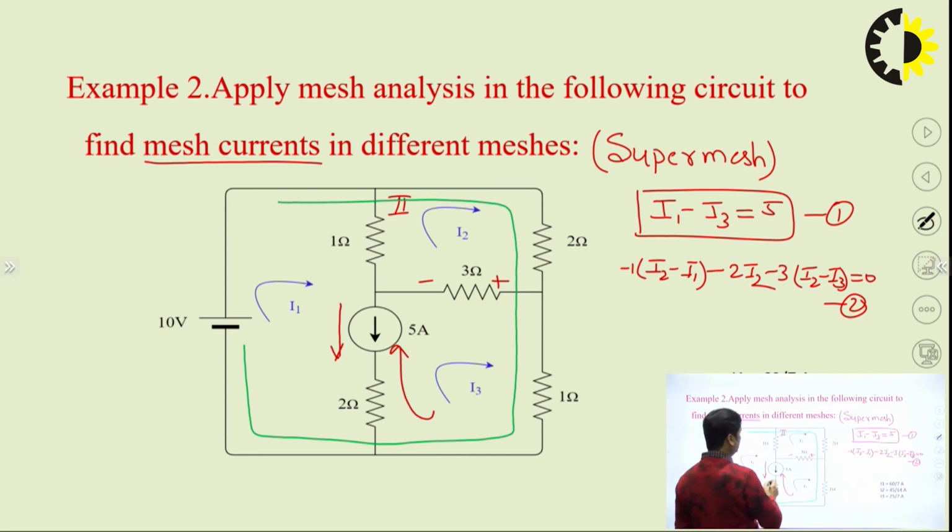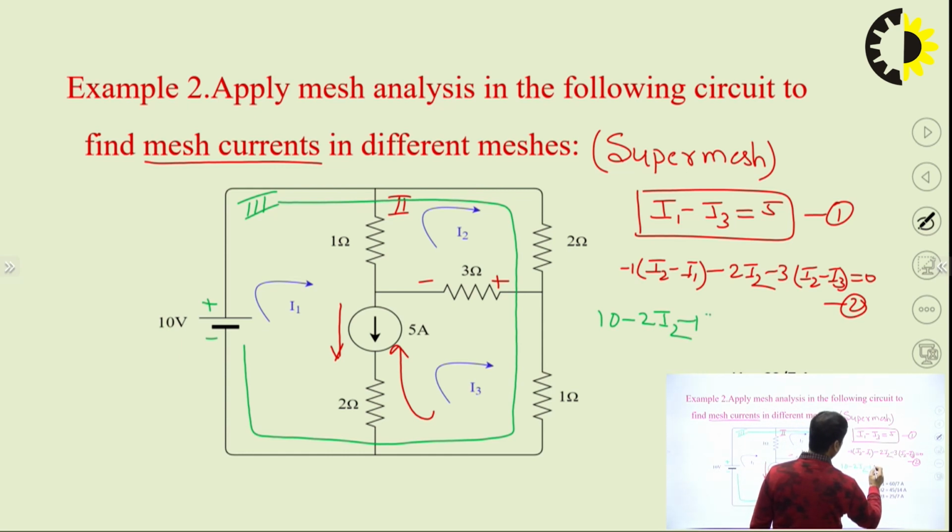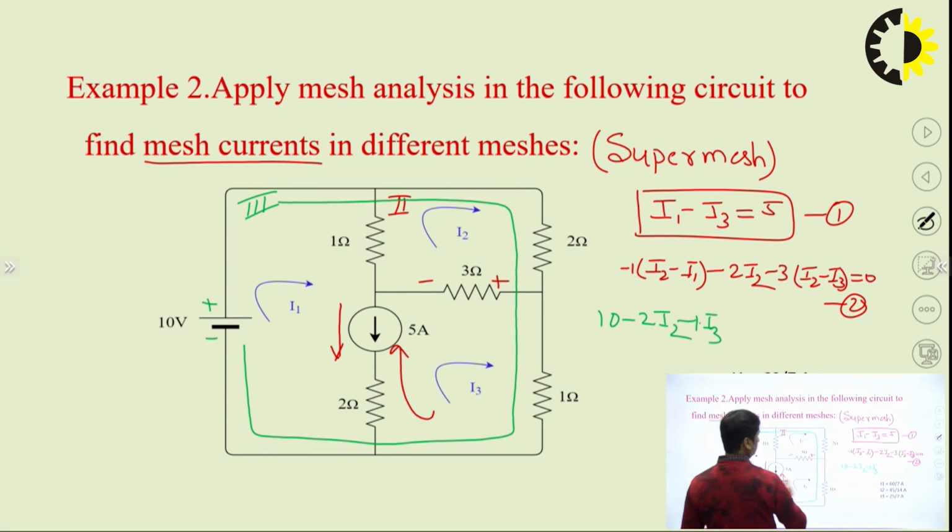In this third loop, if you start from here, this is minus, this is plus, so it is 10. In this branch we have minus 2, current is I2, and this we have minus 1, current is I3, and this is equal to 0.